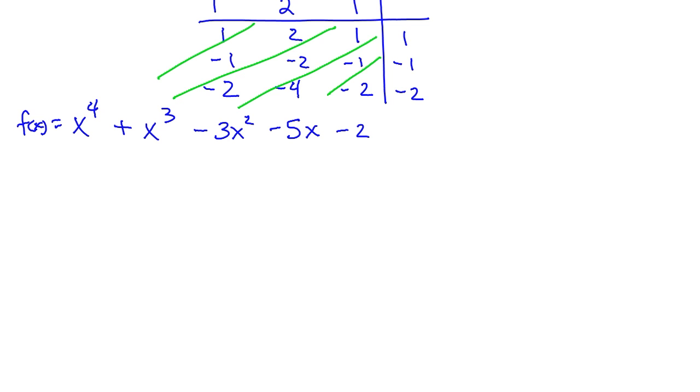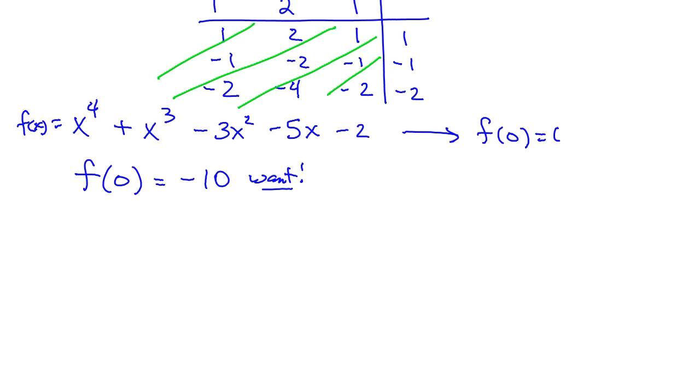And in fact, one of the conditions that we know must be true is that f of 0 must be equal to negative 10. This is what we want to happen. What we do have happening here, if we check it, is 0 to the 4th plus 0 cubed minus 3 times 0 squared minus 5 times 0 minus 2, which is equal to negative 2. So we don't have it quite yet.